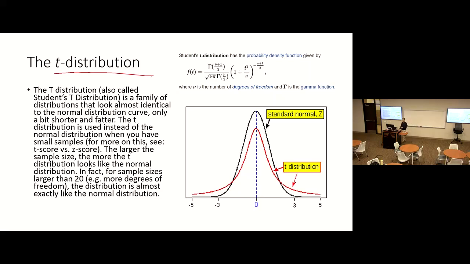What's different is this: the T distribution has what we call a fat tail.